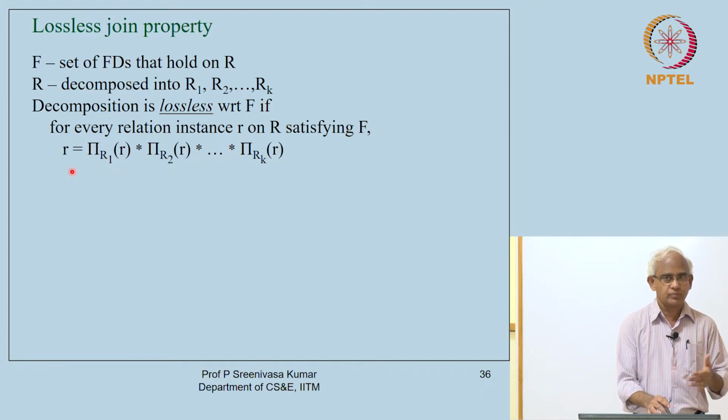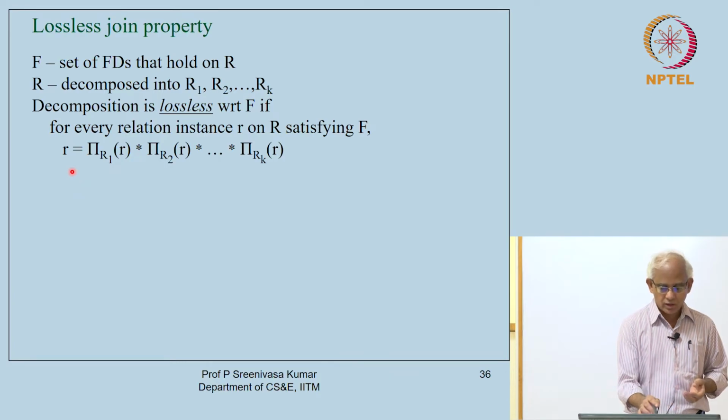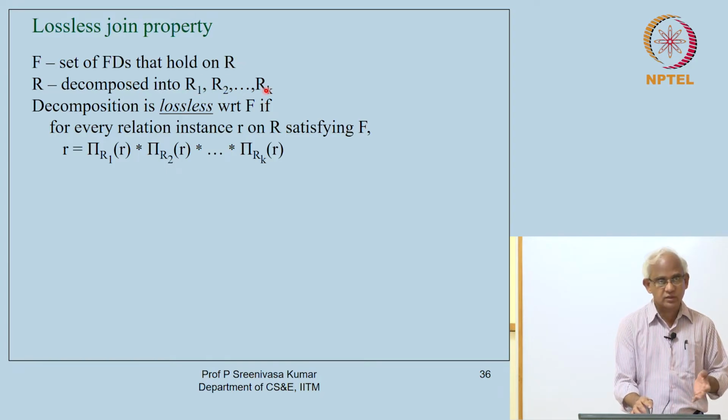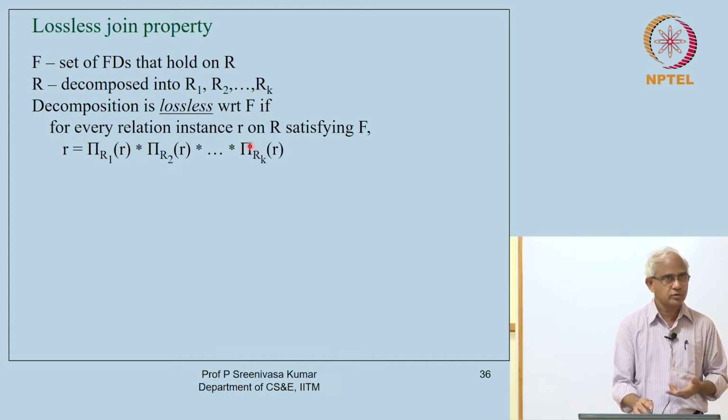Because there are some common attributes. R has some, say, A1 through A10. So, R1 through Rk will have this A1 through A10, but then some subsets will be in R1, some subsets will be in R2, etc. So, it is possible for us to do a natural join because there are some common attributes.